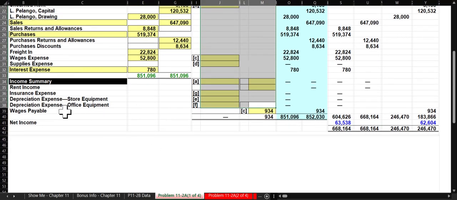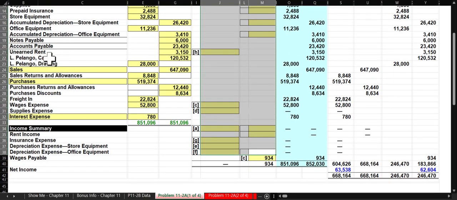And then down here, we have additional accounts that are needed or will be needed for adjustments. These could easily have been a part of the main portion of the worksheet, but this particular template was set up where we have to add these accounts as needed, but they become part of the worksheet as we use them.